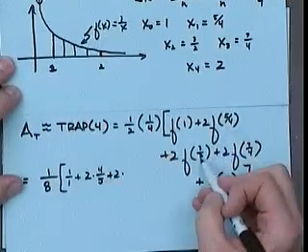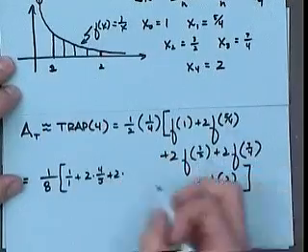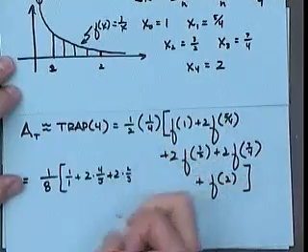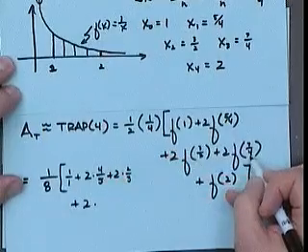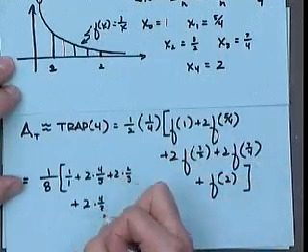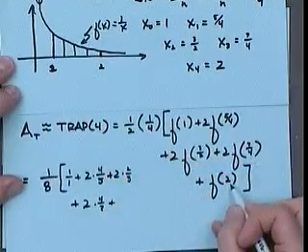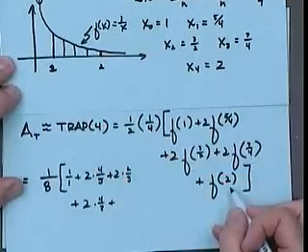Got 2 of the next one. F of 3/2 is 1 over 3/2, which is 2/3. F of 7/4 is 1 over 7/4, which is 4/7. And f of 2 is 1 over 2, which is very conveniently just 1 over 2.